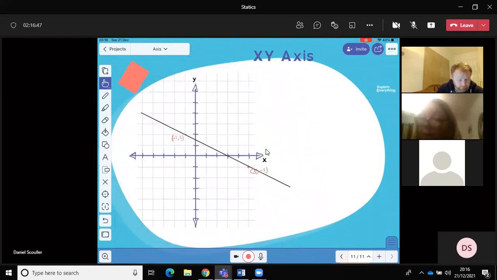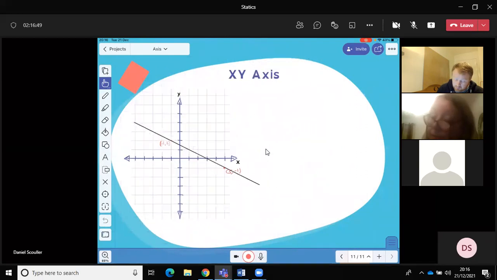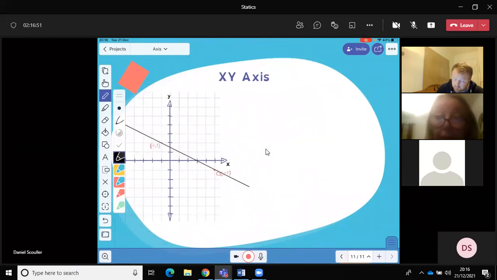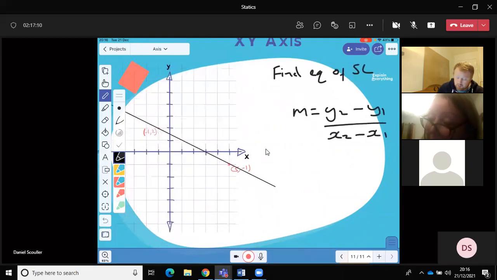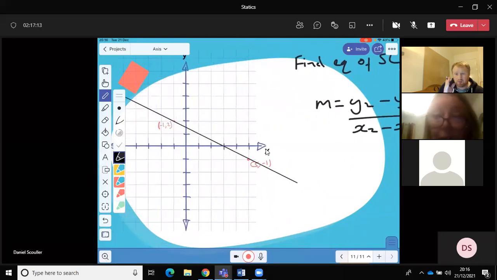Given that, okay, usual question. Find the equation of the straight line. Okay, you've got two coordinates. Now, looking at that, it doesn't matter which you use as your x1, y1, which you use as your x2, y2.